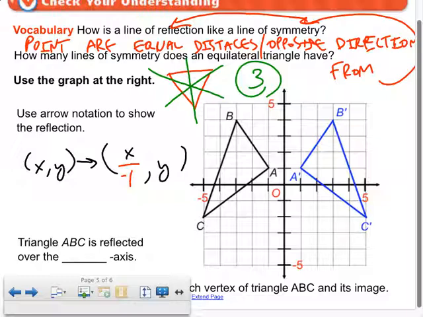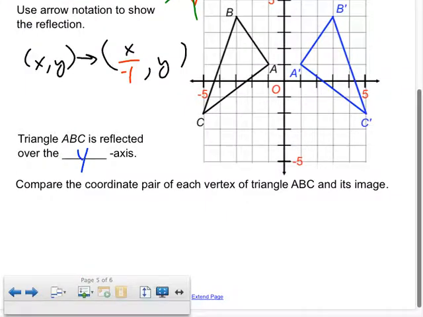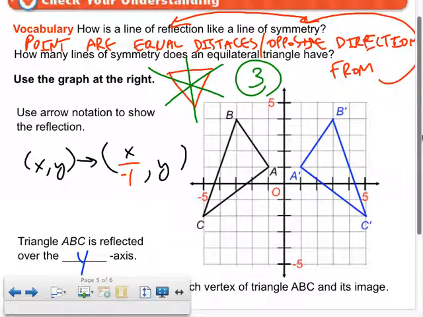And then the final question, triangle ABC is reflected over what axis? The y-axis. Okay, before we leave, because some of you need to practice, we need to name these points. What are the coordinates of B?